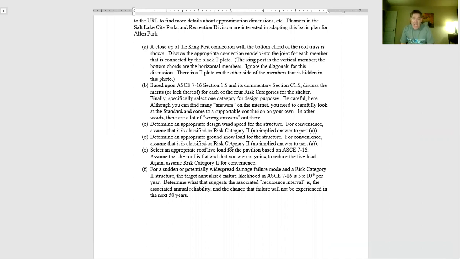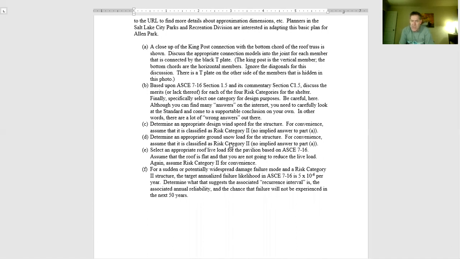That's 200,000 years, right? So on average, we want that kind of situation only happening once in 200,000 years, a very low likelihood. Now, 50 years tends to be oftentimes what we base our periods on, and it's sort of a reference period. And so that's why the number 50 is thrown down here.